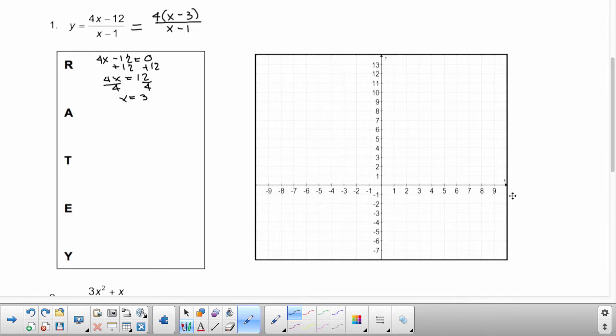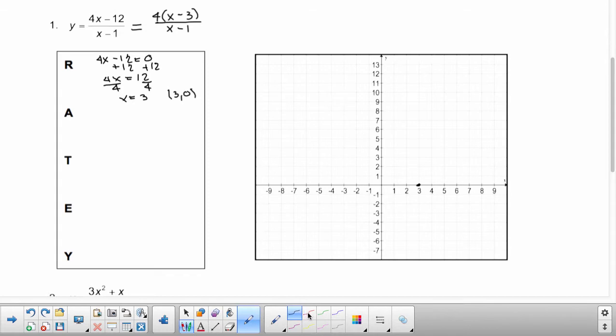Remember, x-intercept is where we're crossing the x-axis, and y is 0, so we can write this as a point, (3, 0). We can go over to our graph, and we know that our function is going to pass through the root on the graph at (3, 0), and it cannot cross the x-axis anywhere else. Important to note.